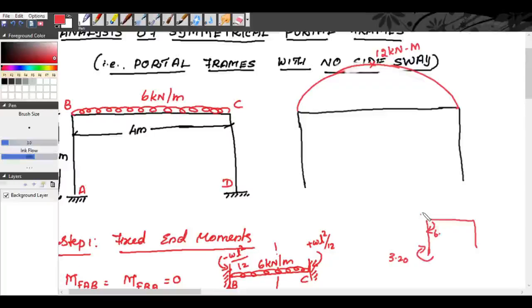So for AB it is plus, so clockwise 3.20. For BA it is plus 6.40.